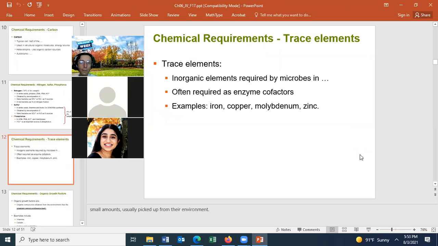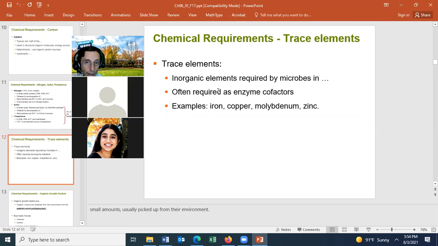If not, let's talk a little bit about trace elements. These are inorganic elements required by microbes in small amounts. The microbe usually gets trace elements from their environment. In fact, we get our trace elements from our environment, the food we eat and the liquid we drink. A trace element for us would be something like copper, magnesium, elements we need in trace amounts for our cells to function.